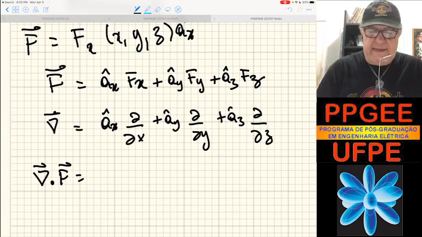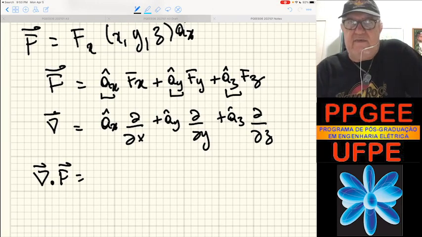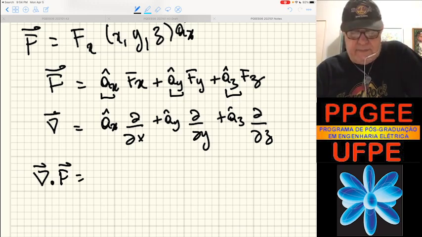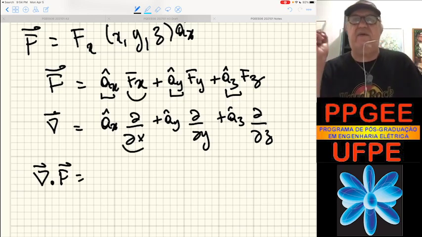Recall that ax, ay, and az are constant versors. They do not depend on the coordinates, so the derivative acts directly on the components.